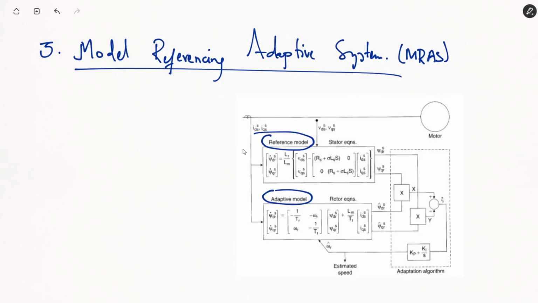So comparing the two outputs and using some adaptation algorithm that's defined using a set of equations, we can find that the speed estimate will be much closer to the true value of the motor than was the case with slip calculation or the direct synthesis method.